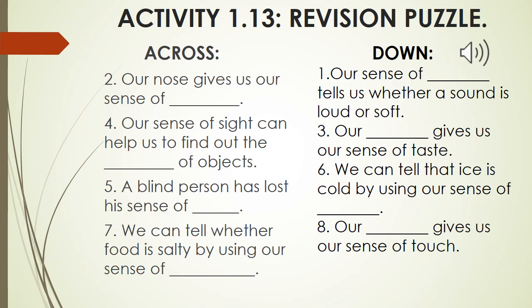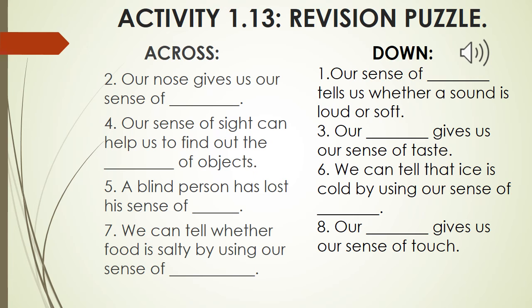Number 4, our sense of sight can help us to find out the dash of objects. As you know, the sense of sight helps us find out about so many things, for example the shape, the size and the color of the objects. So now you have to write any one of them. Clue number 5 is: a blind person has lost his sense of. What does a blind person not have?